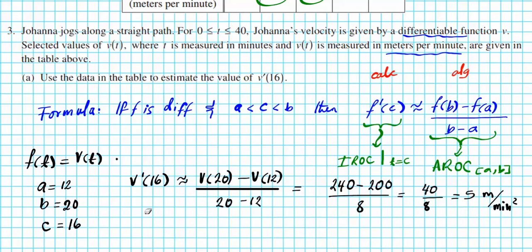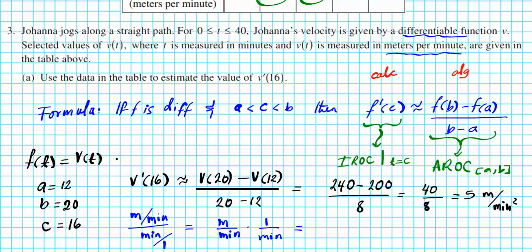Of course, you should know what it is. So meters per minute, and we're dividing that by time. What is the unit of time? Minutes. So how do we resolve this fraction? Just write these two as fraction over fraction. Multiply the numerator fraction by the reciprocal of the denominator fraction.